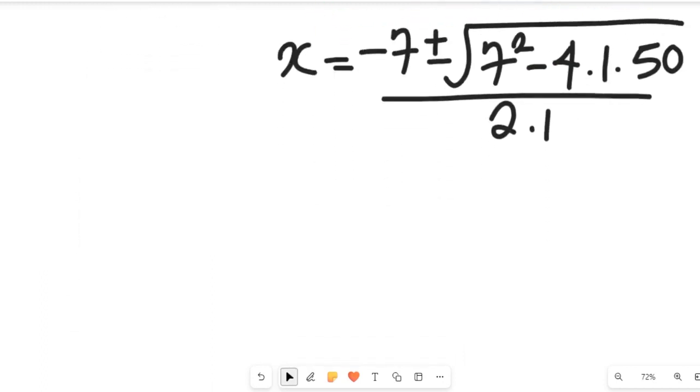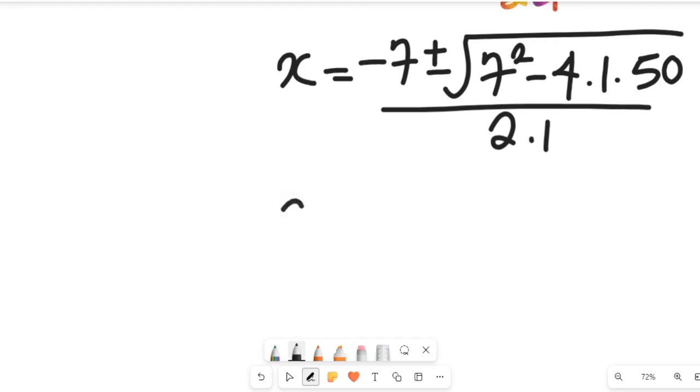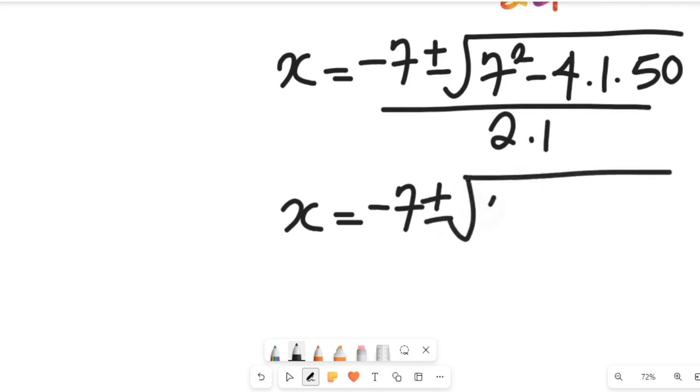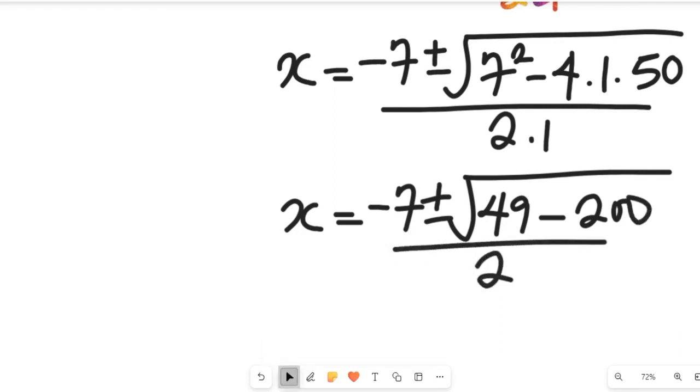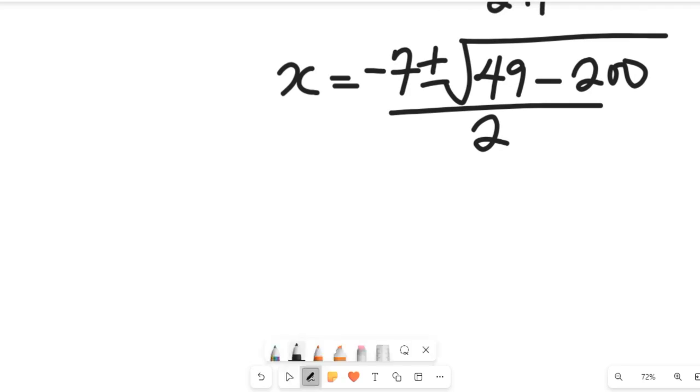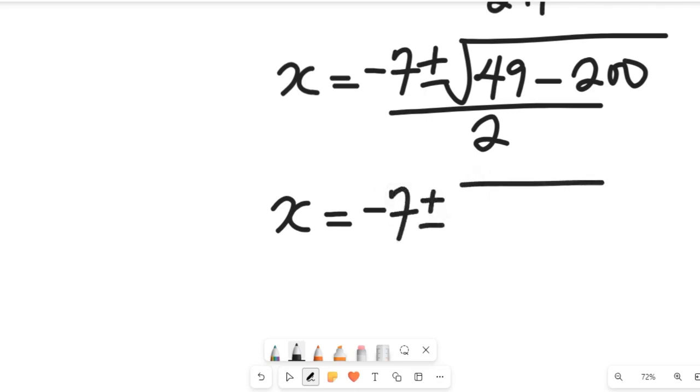If we simplify that, we have x equal to negative 7 plus or minus the square root of 49 minus 200, divided by 2. So 49 minus 200 is definitely going to give me a negative value. So x is equal to negative 7 plus or minus the square root of negative 151, divided by 2.